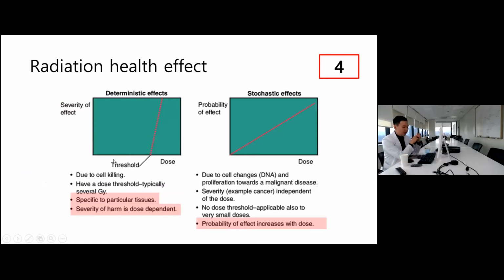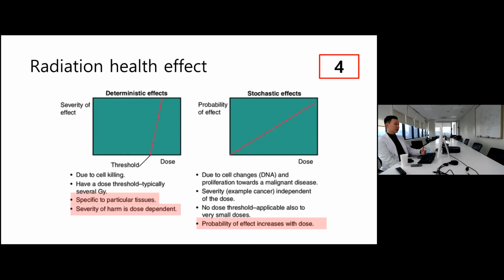Stochastic effects are effects whose incidence cannot be completely denied even with low dose exposure, and they are managed on the safe side under the assumption that there is no threshold value. The purpose of thinking about them separately is that the protection purpose differs.